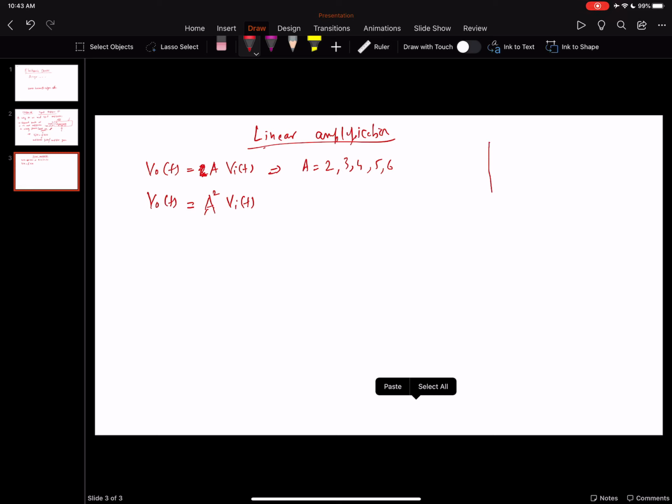So let's see if I have to express this equation. This is my V naught, this is my V I. So this is a linear line, and the slope of this line is A because V naught equals A V I. If V naught is exactly equal to V I, this means that A equals 1, and the line would be exactly in the middle.